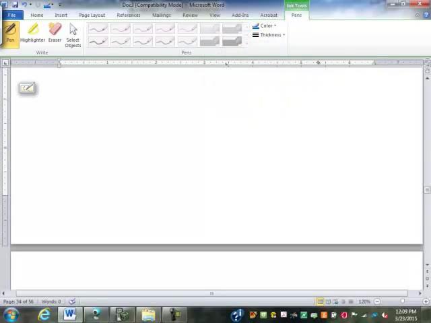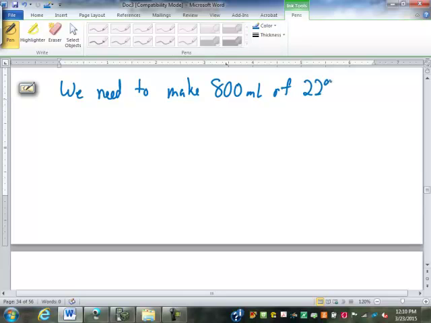Let's do a couple more examples here. Let's say we need to make 800 milliliters of a 22% solution. We have 40%. So let's figure out, how are we going to make this?